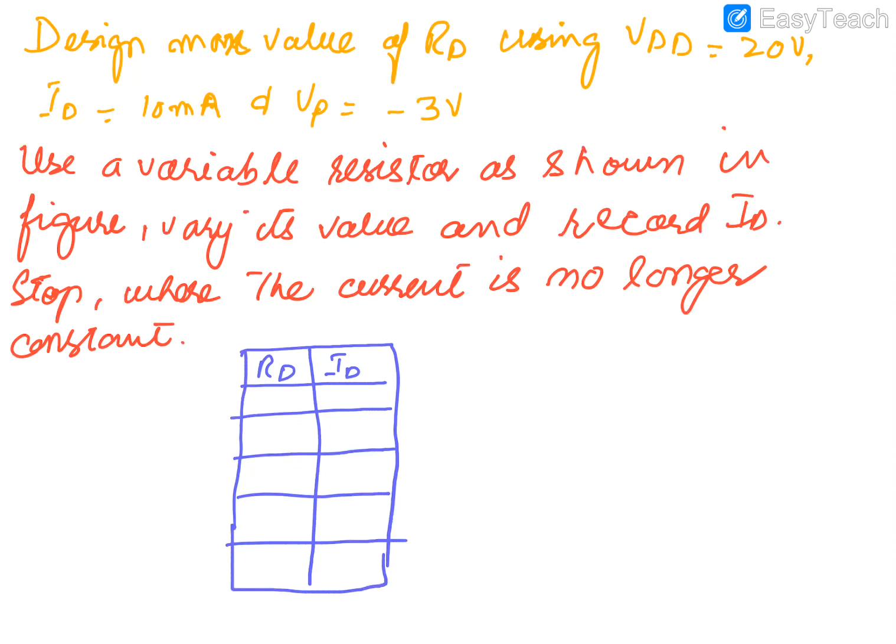The idea of using a variable resistor is that you have to verify that below that maximum value of RD, the value of ID remains constant, and as the value of RD exceeds its maximum value, the value of ID begins to change, and your JFET will no longer be a constant current source.